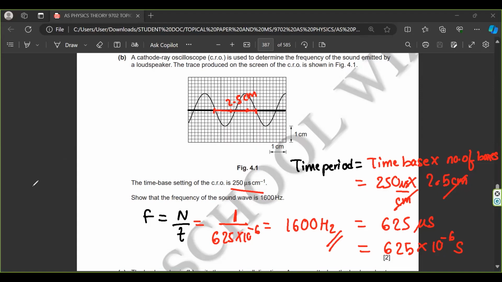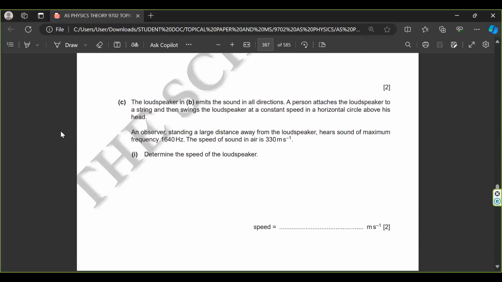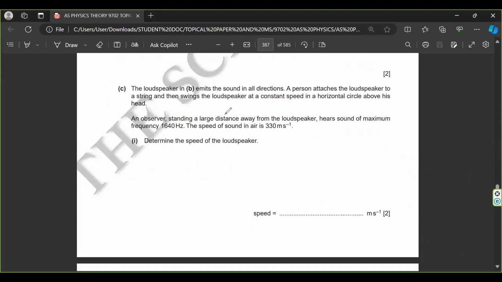Okay. Since we just covered the Doppler effect, let's attempt question C. A loudspeaker B emits sound in all directions. A person attaches the loudspeaker to a string and swings it at a constant speed in a horizontal circle above his head.